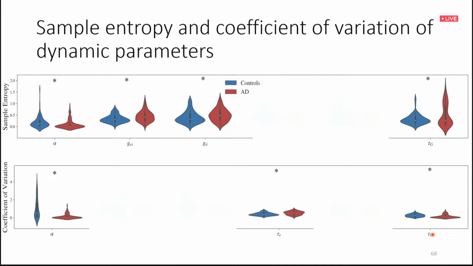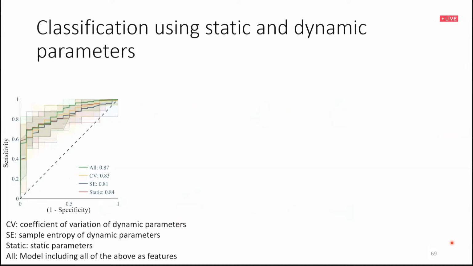Now we can ask the same question: can we use these as markers of disease? Can we try and predict, classify Alzheimer's disease from controls using these as features of a classifier? So this is how the classification looks. In red is using the static parameters as before, and this is the area under the curve. In blue is using sample entropy of the dynamic parameters, and that's the area under the curve.